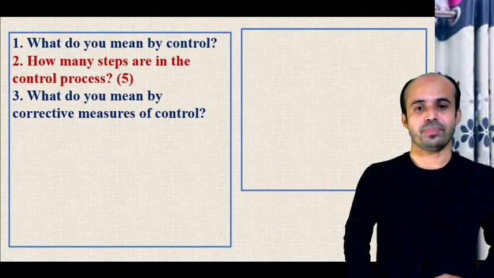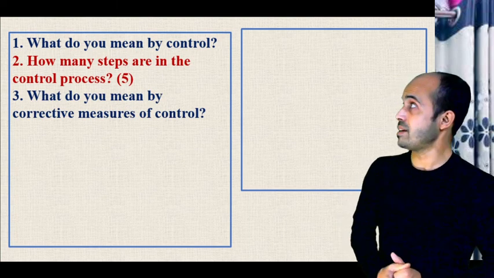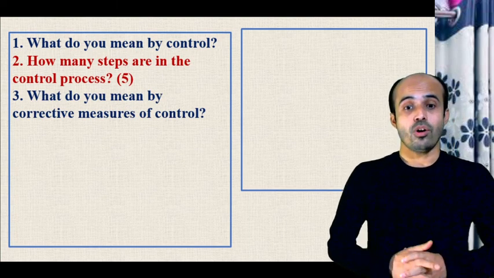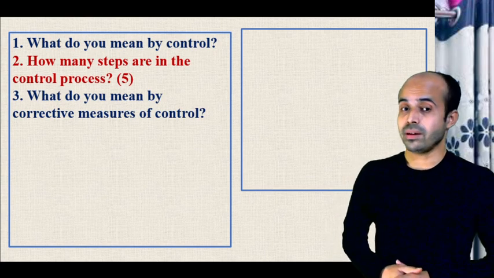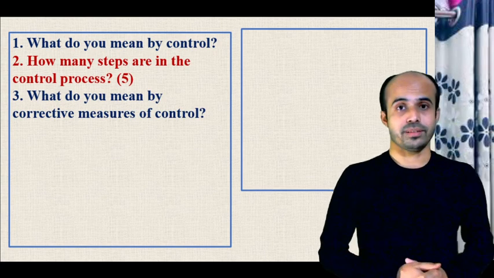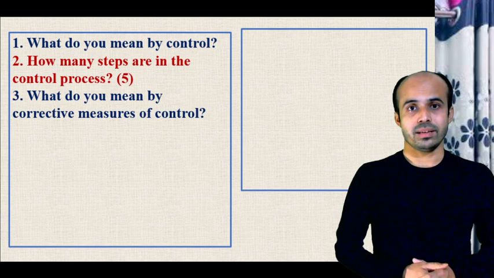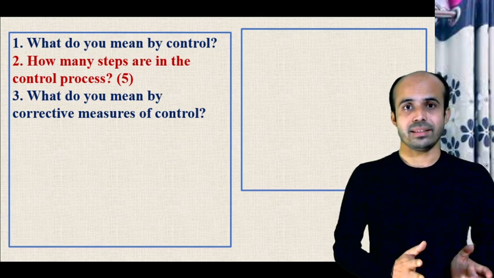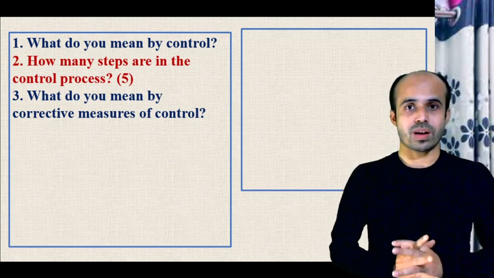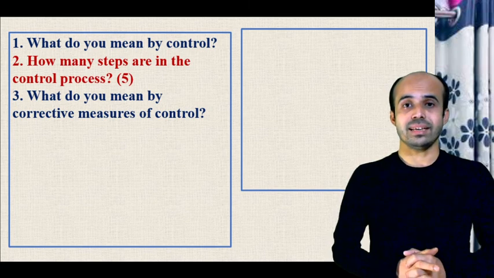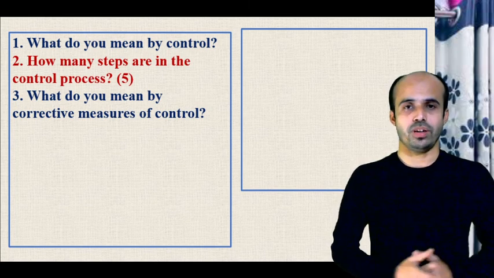Now coming to another question, you can see on your board. What do you mean by corrective measures of controlling? Earlier I said that corrective measure is a step of the controlling process.